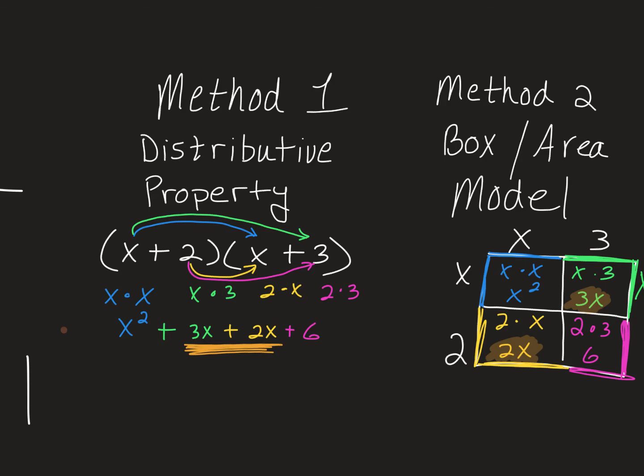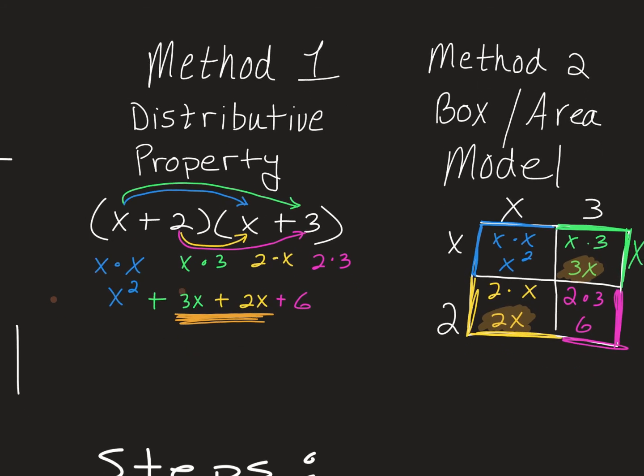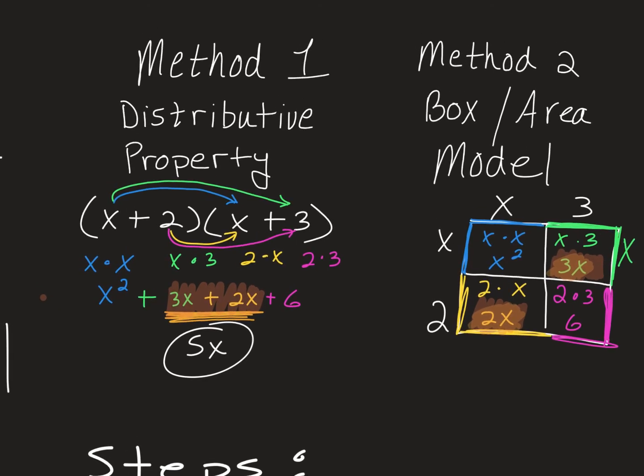And then because we multiplied a binomial by a binomial, remember in both cases, we ended up with these two middle numbers or terms that had x's. So whether you did the box method or whether you did the distribution, you ended up with two terms that both had an x. So both of those terms, the 3x and the 2x, we added them together, right? And that's where we got the 5x from that became our final answer.